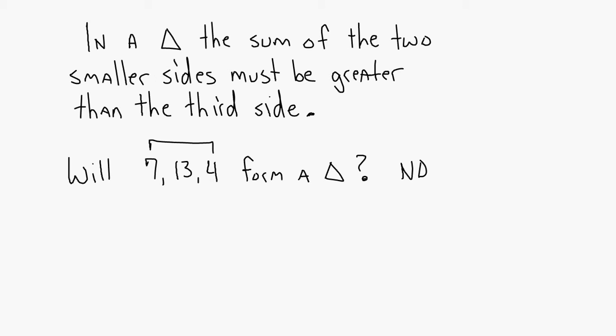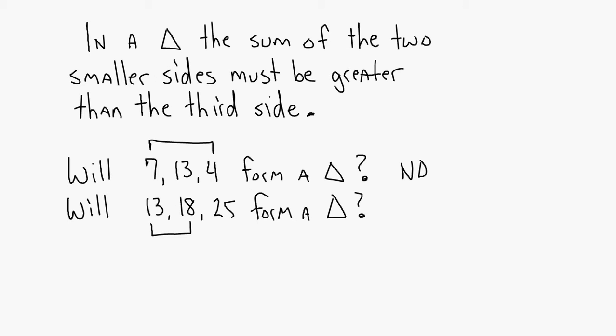All right? Will 13, 18, 25 form a triangle? Yes. The two smaller sides are 13 and 18. 13 plus 18 is 31. 31 is greater than 25, so yes, they will form a triangle.